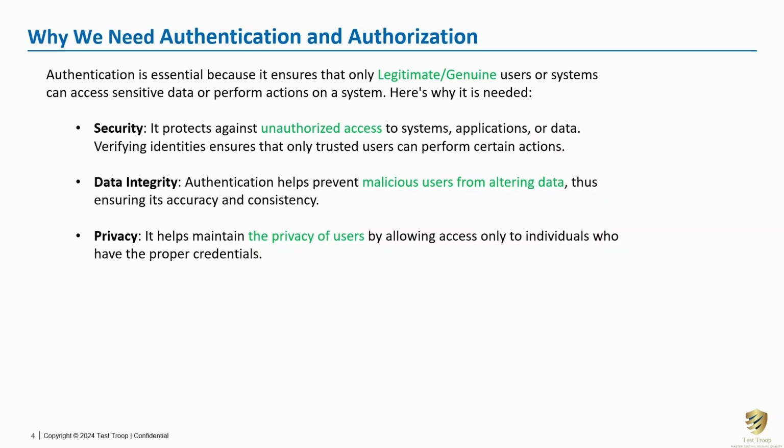Privacy: it helps to maintain the privacy of our users by allowing access only to individuals who have proper credentials. So in general, authentication and authorization are needed to secure your transactions, thereby allowing users to perform only the certain actions that they can perform.